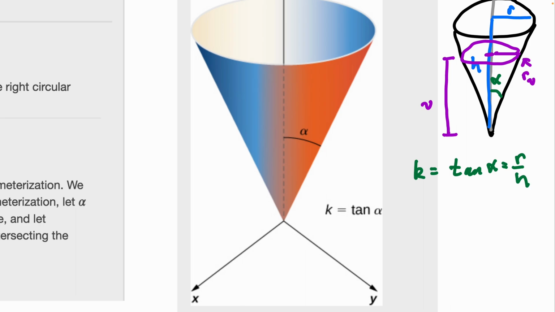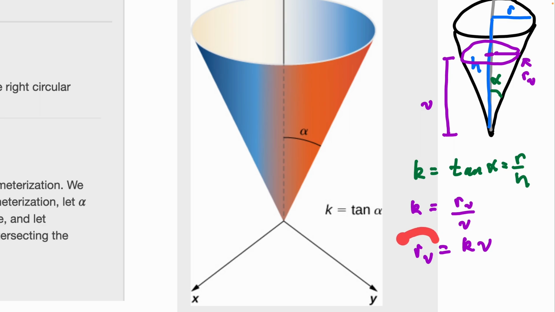The nice thing is that alpha is going to be the same, so the ratio of R sub V over V will equal tan of alpha, or in other words, K. In my setup, I've chosen the value for V, and K is a known quantity, so the unknown is R sub V. Solve for R sub V and get K times V.